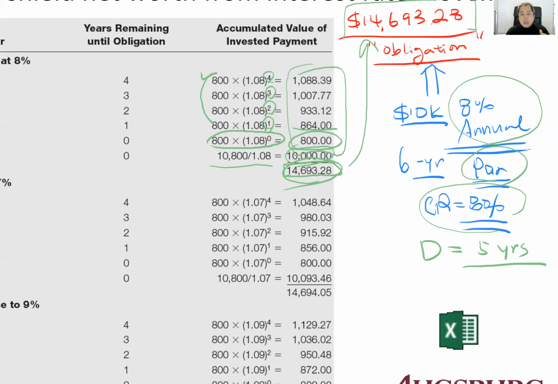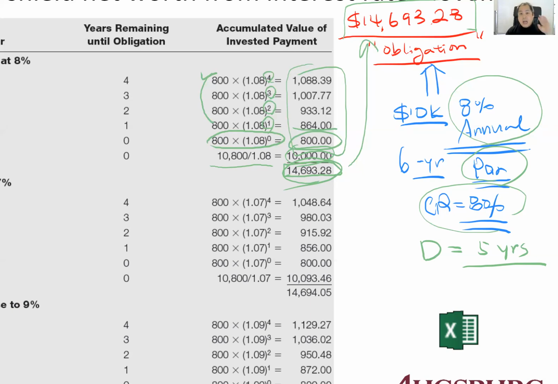Now, let's look at the interest rate changes. If the interest rate drops by 1 percentage point, so it becomes 7%, we have two opposite impacts. The first one is that the price will increase, above the par value, above $10,000.